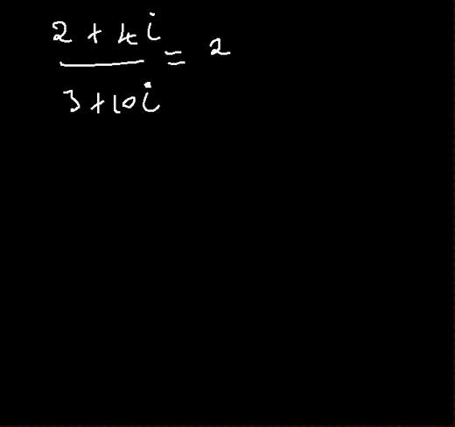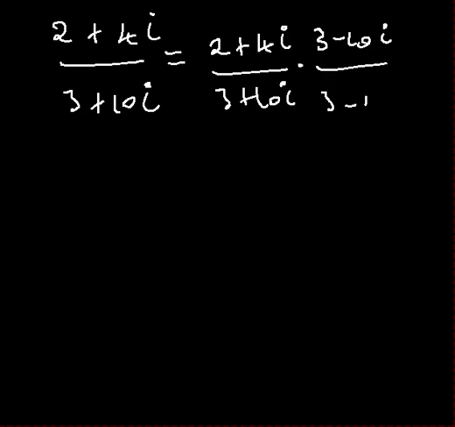We have 2 plus 4i divided by 3 plus 10i times the conjugate of the denominator, which is 3 minus 10i over 3 minus 10i. Thus the expression is 2 plus 4i times 3 minus 10i, divided by 3 plus 10i times 3 minus 10i.